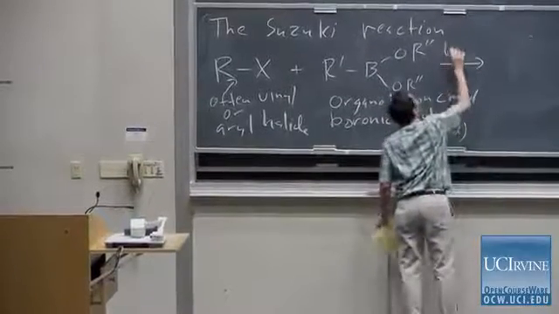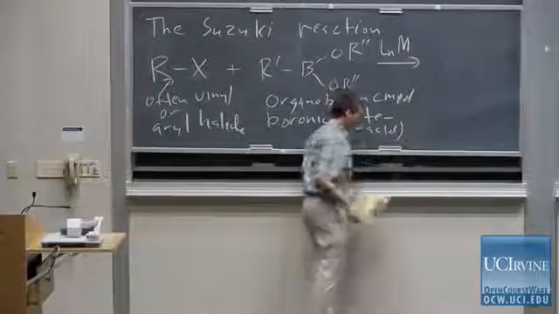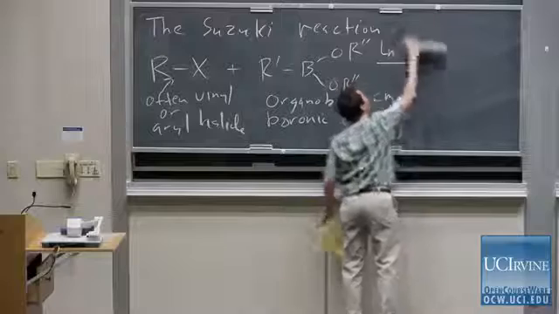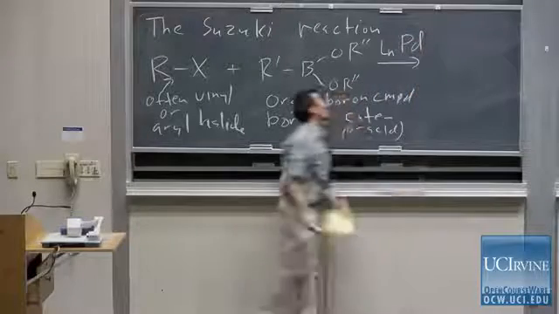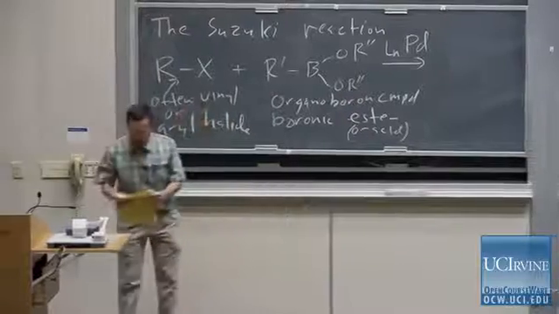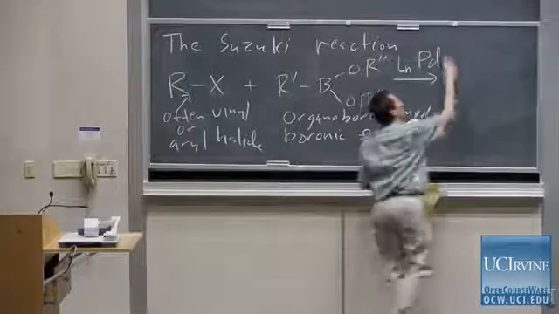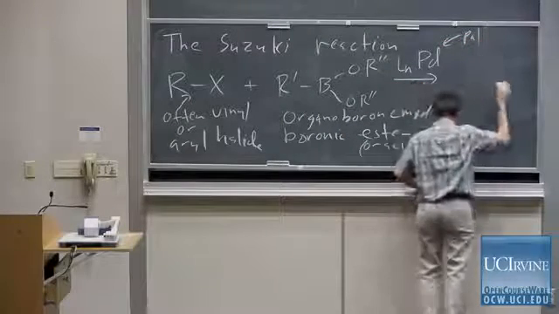So I'm going to write this for now as L sub n M, or perhaps, since we're only focusing on the Suzuki reaction, which is always done with palladium, I'll write L sub n Pd. And I'll just refer to this for now, I'll give you an example of one in a moment, as a palladium catalyst.